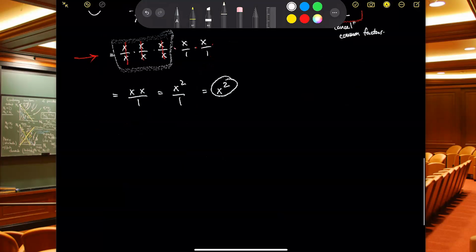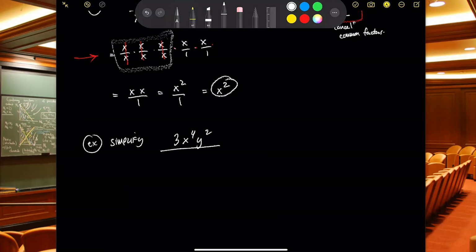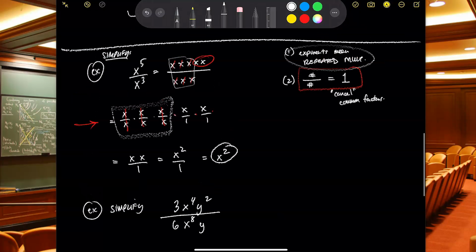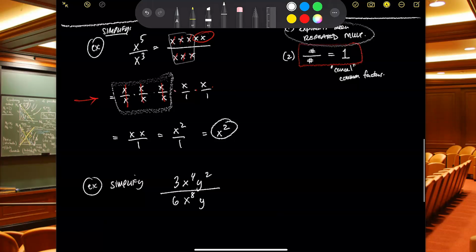So what happens if we beef it up a little bit? Let's say I've got 3x to the 4th y squared over 6x to the 8th y. Again, we're going to use this idea that exponents mean repeated multiplication.